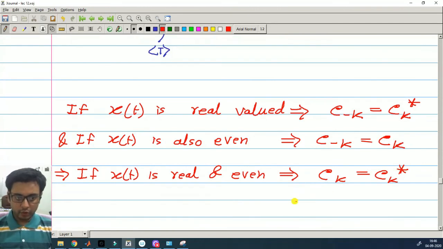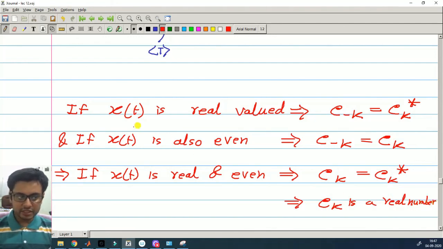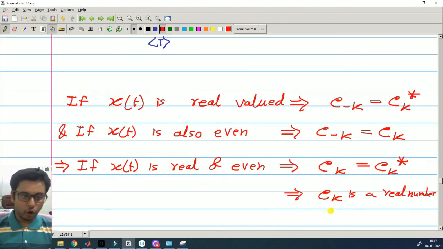That is only possible if Ck is a real number. That means if we have an even real valued function, then the complex Fourier coefficients will all be real numbers.